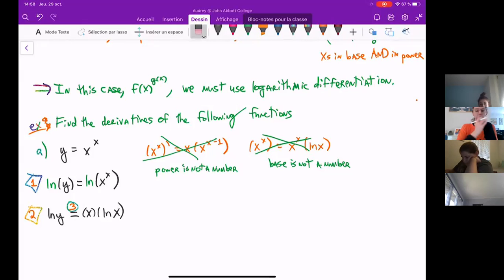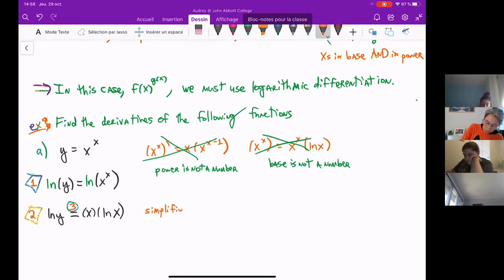Is there any more simplification that I can do? Got it, Nick. At this point, I can't simplify anymore. I have a product. This is going to be a product rule. So this is my simplified form.